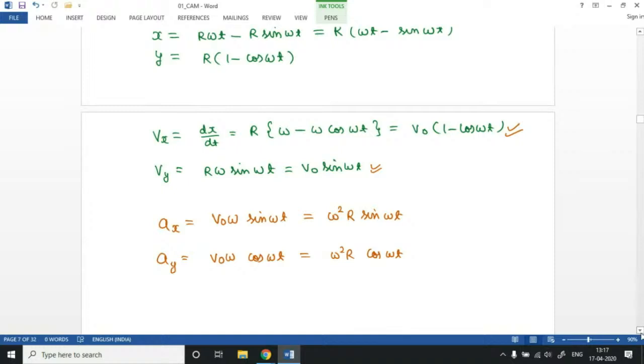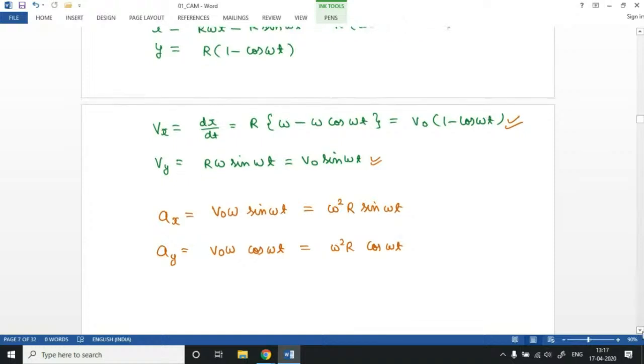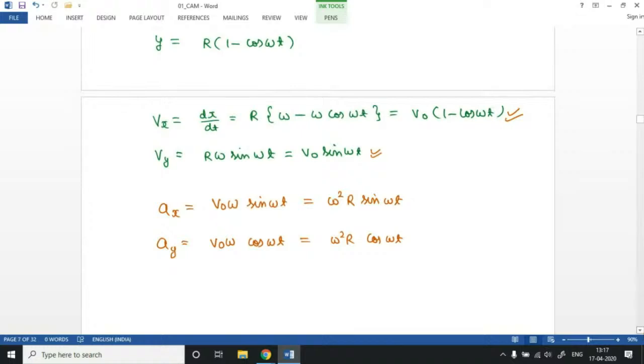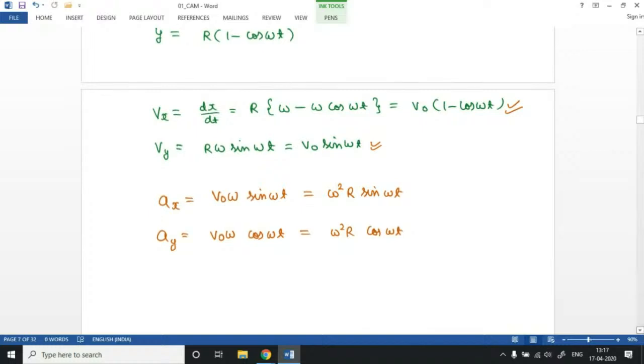Okay, so this is the idea. So ax and ay we have got. So for any point on the periphery, we got its coordinates as a function of t, velocities as a function of t, and acceleration as a function of t as well.